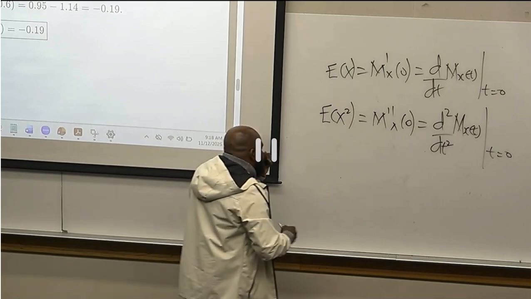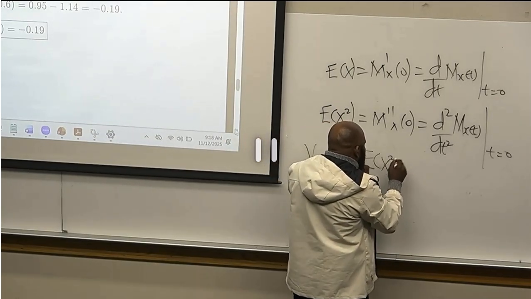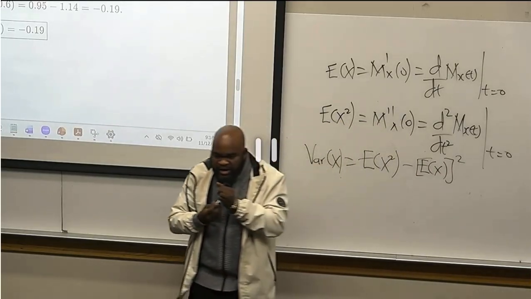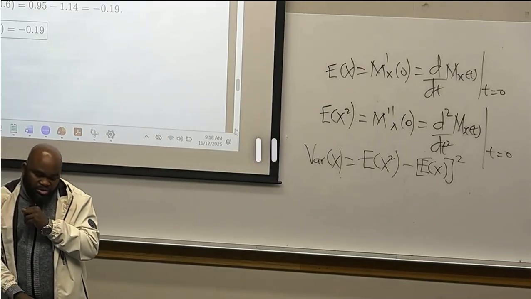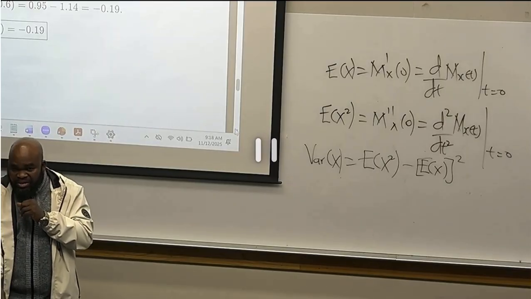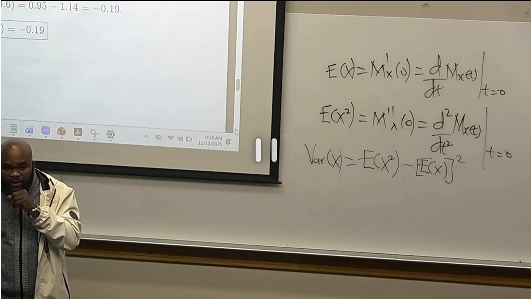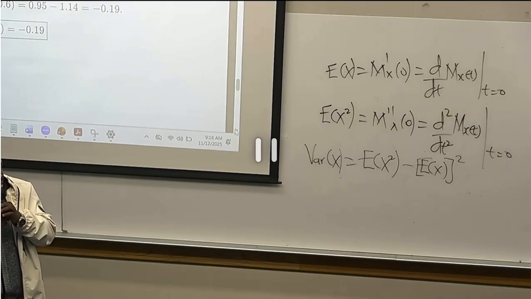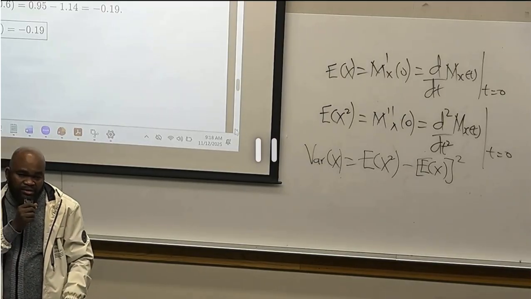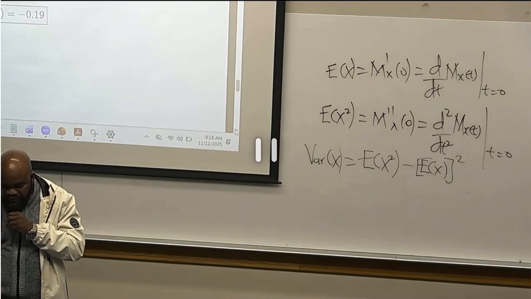And the moment you have that, the variance of X is the expectation of X squared minus the square of the expectation of X. Why don't you practice that? Even though I did not include that in this practice question, I'm telling you the second part of question 3 will give you any of that, and I will ask you to figure out the mean and the variance from the moment generating function.